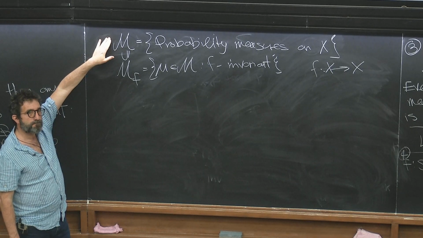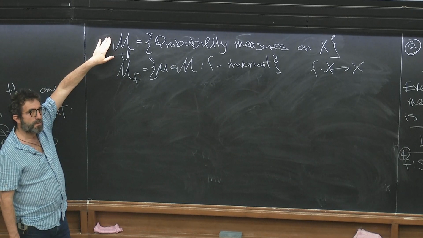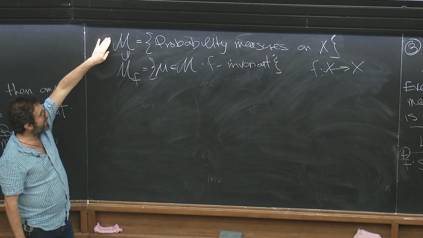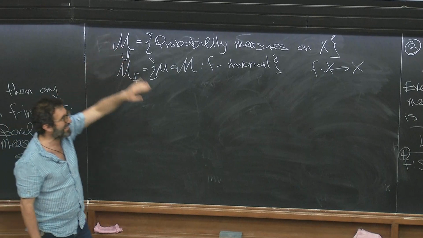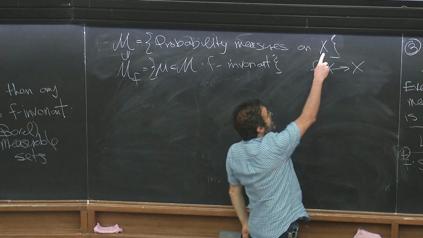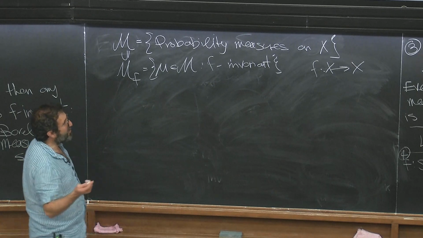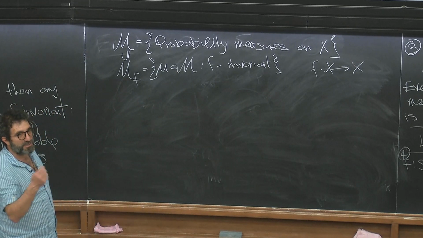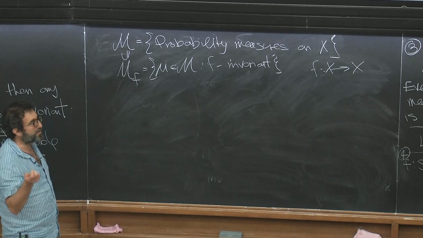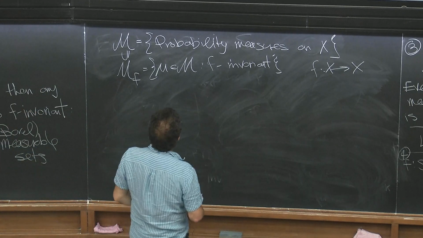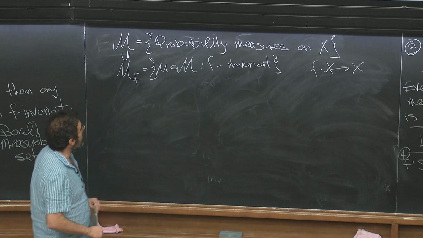That's right, the Dirac measure delta. So as long as X contains at least one point, you can always define the Dirac delta measure on that point. That's a probability measure in your space.